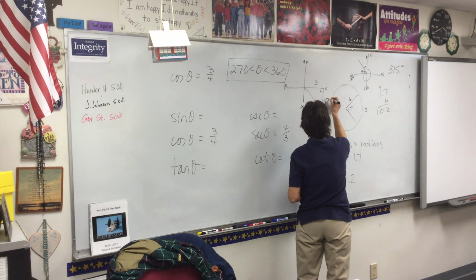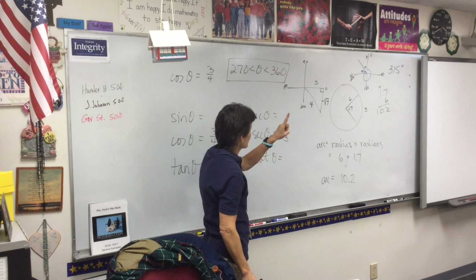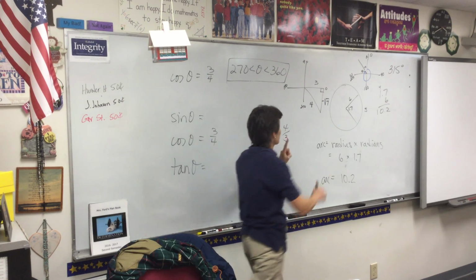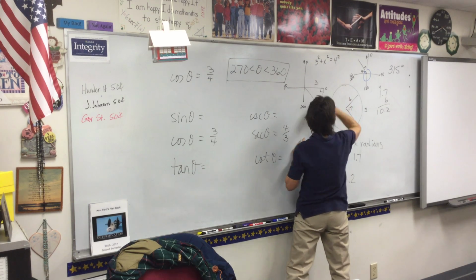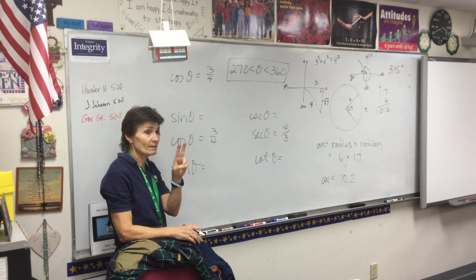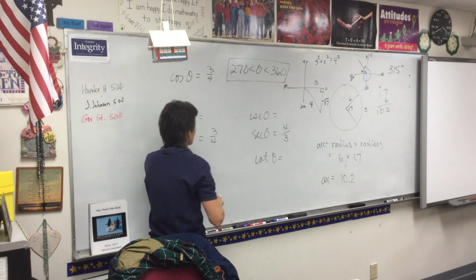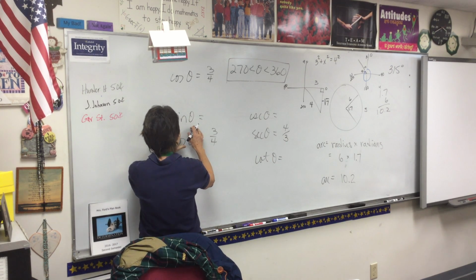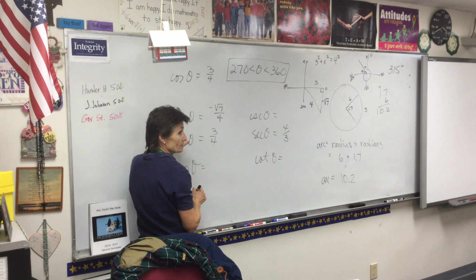Negative square root of 7. So first of all, root 7 is the right answer. If you said 5, you're off base. Your equation is 3 squared plus x squared equals 4 squared. So that's how he got root 7. And second of all, he made it negative because of where he's at in the coordinate axis system. So that's exactly right, which makes his sine what? Negative root 7 over 4.